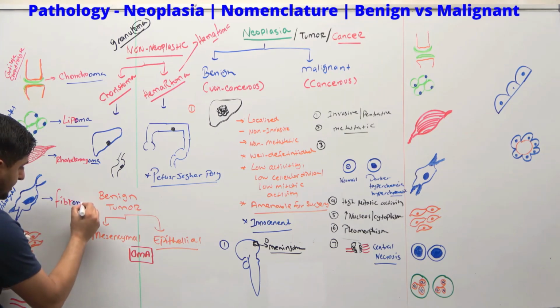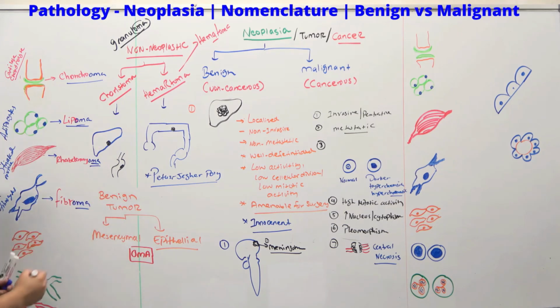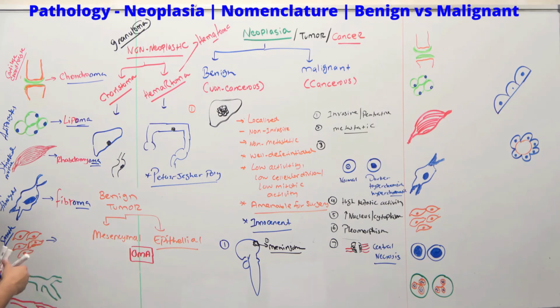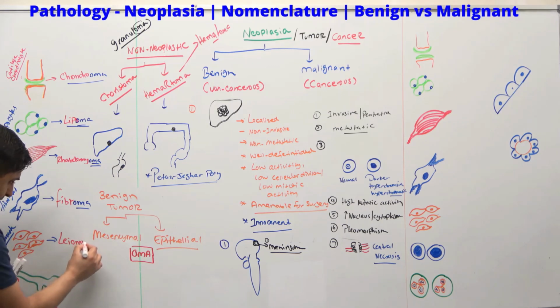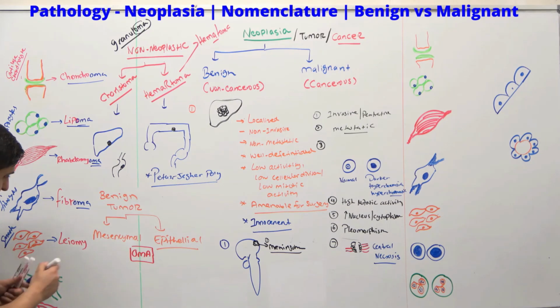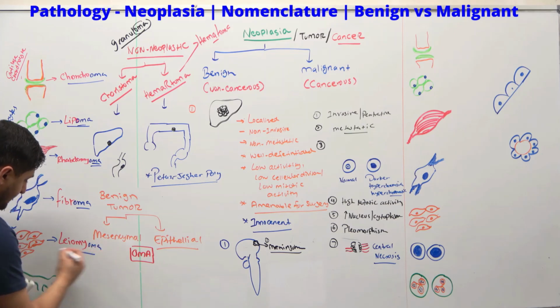See, the "oma" is there. And what about this? This is smooth muscle cells. If it's coming from smooth muscle cells, we call it leiomyoma. So leiomyoma is there.